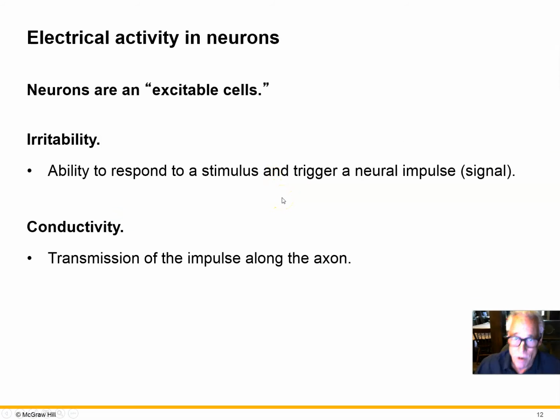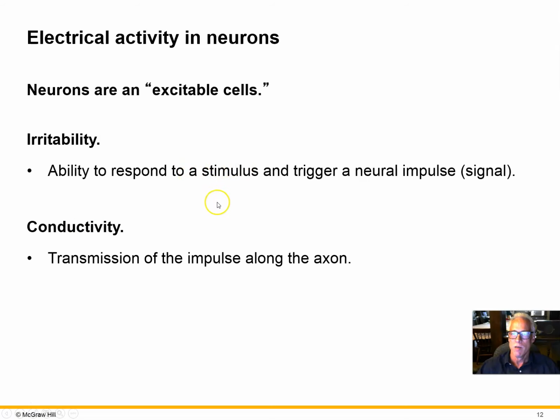Now, it turns out that neurons and muscle cells are excitable cells. To understand what kind of signals are transmitted along the axon of a neuron and across the membrane of a muscle cell, we need to talk about the properties of the membrane that make for this irritability, this responsiveness of the cell membrane to various stimuli.